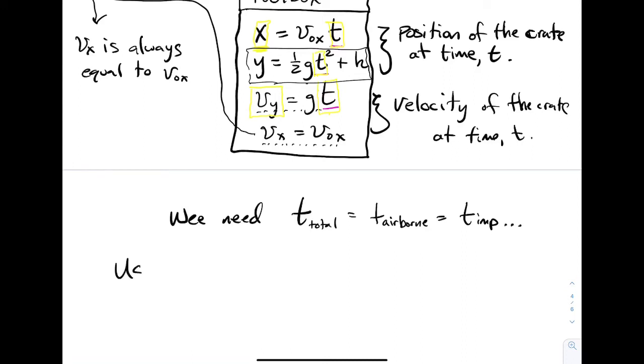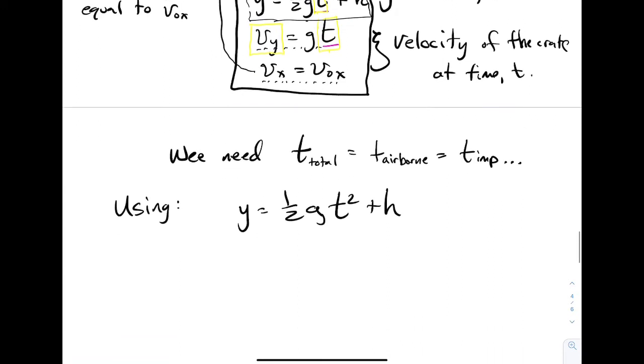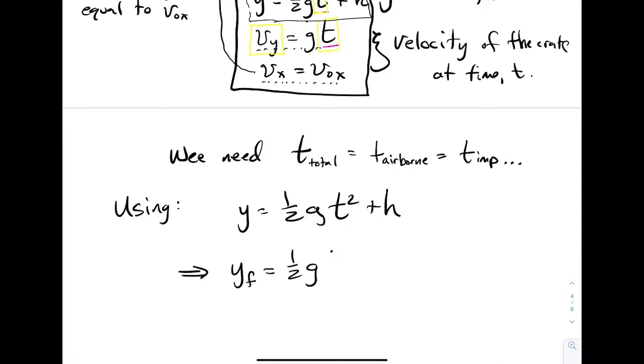So we'll say using y equals 1/2 g t squared plus h. So we know that y final equals 1/2 g t impact squared plus h.